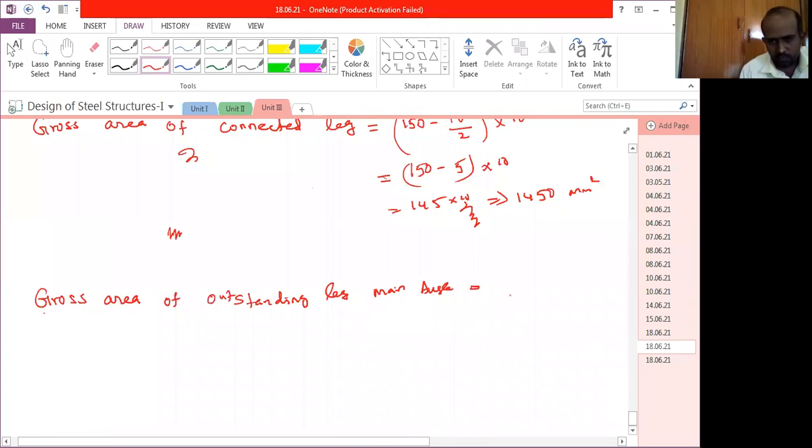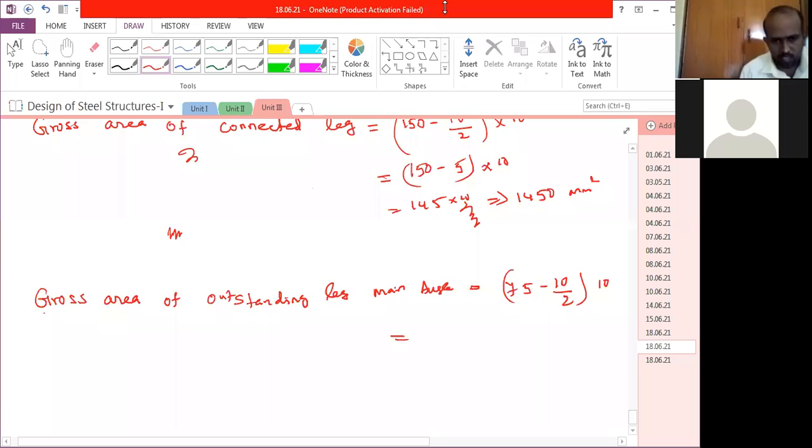So 75 minus half of the thickness, 10 by 2, into 10. What is the gross area of the outstanding leg? 700 mm square.